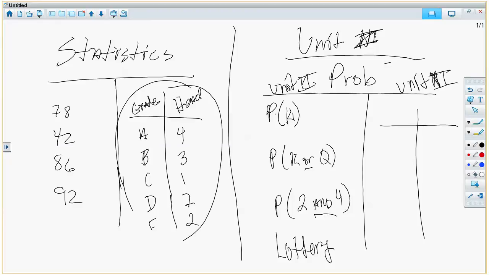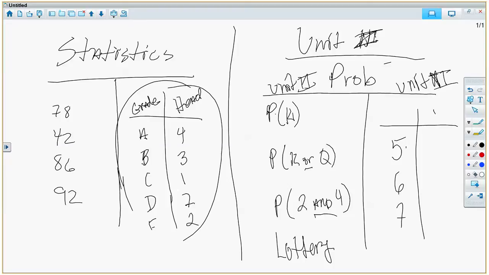Let's say the probability of the World Series going 7 games. The number of games you need to win is 4, right? If you win 4 games, then you're the world champions. So it could go 4, 5, 6, or 7 games.